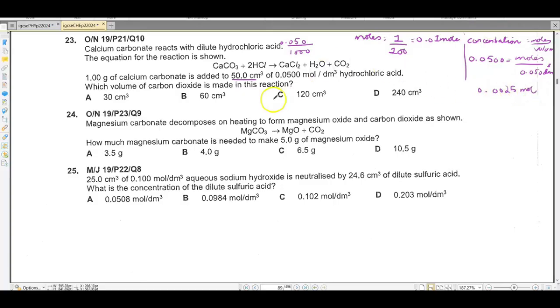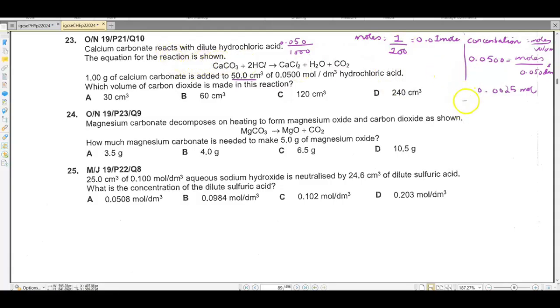So according to this concentration and volume, the HCl that is present in the reaction is 0.0025. Now we need to see how much was required for this reaction to happen with calcium carbonate.